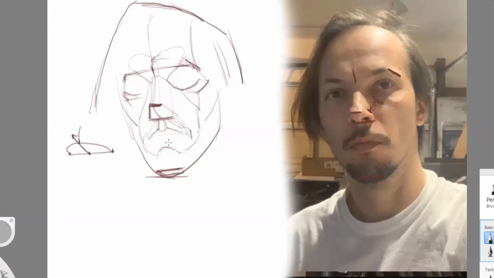And here is the very strong inner corner of the bottom of the lip. And there's actually going to be a form that attaches to that bottom of the lip like this. The side planes, bottom plane.